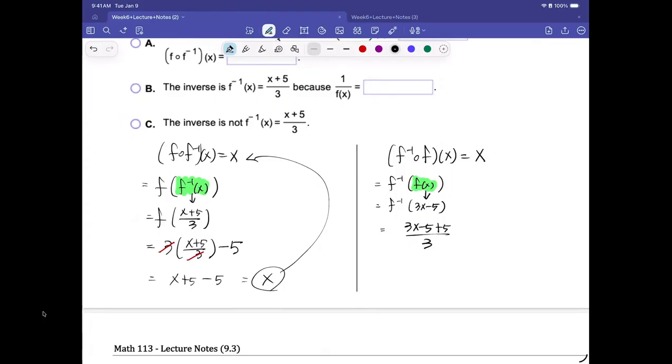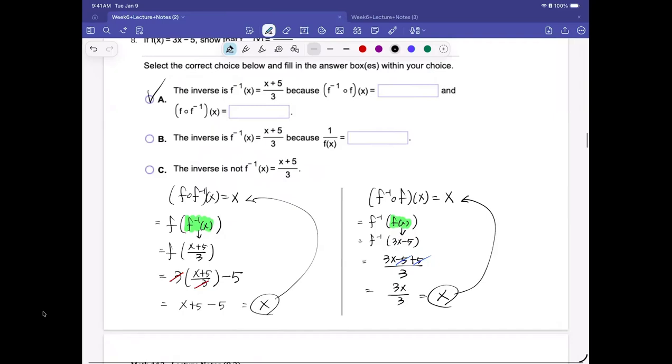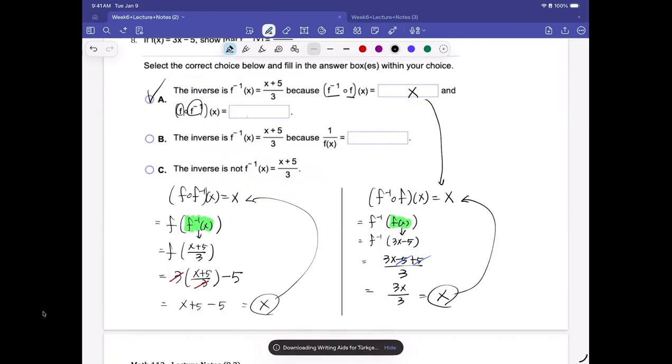So as you can see, negative 5 and 5 are out. So only 3x over 3, which is x. That's equal to that. So the answer is A, because the inverse composite f of x gives us x, right? And then f composite inverse of x also gives x, right? So that's why letter A is the answer.